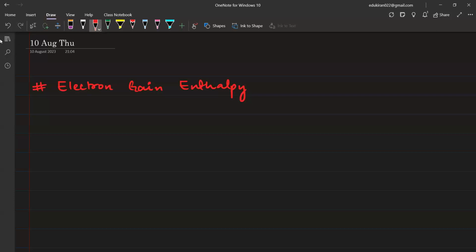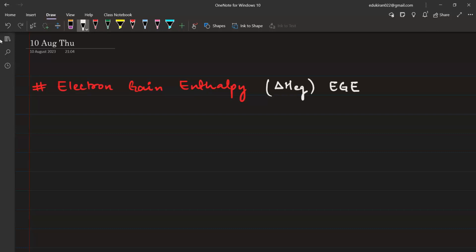Electron gain enthalpy. What is this? This is delta H EG, and we will sometimes write it as EGE, electron gain enthalpy. First of all, let us understand what is electron gain enthalpy.